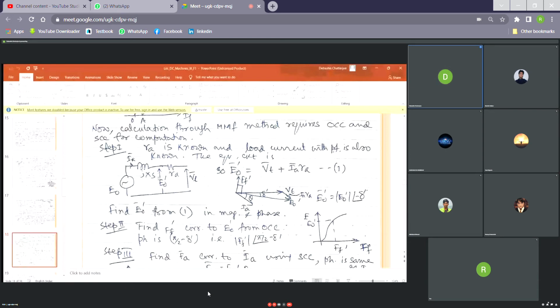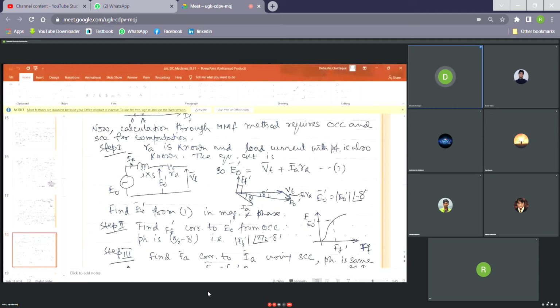On the right side there is a phasor diagram, and E0 dashed lags VT by delta dashed, because we have always assumed a lagging load.